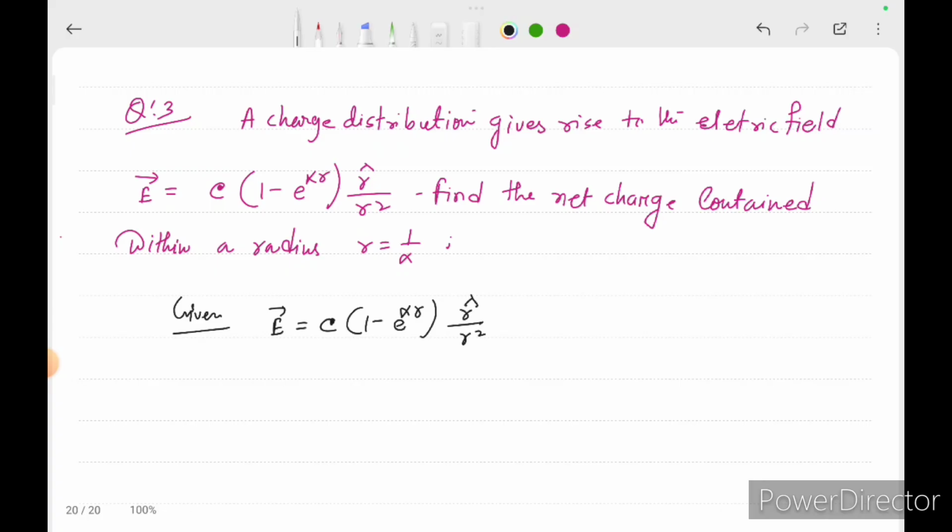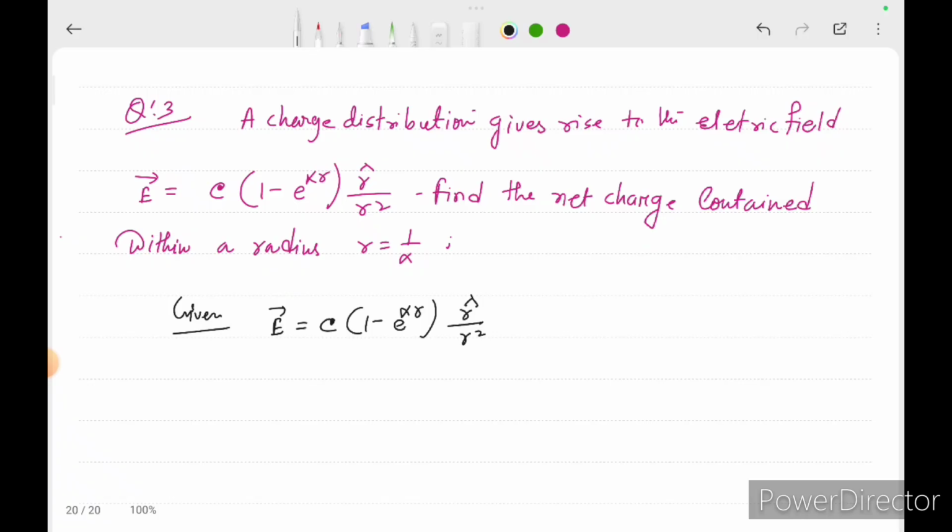Once again we will follow the same approach to find the total charge. Use the differential form of Gauss's law, and from this differential form of Gauss's law we calculate the charge density and use that charge density to calculate the total charge.